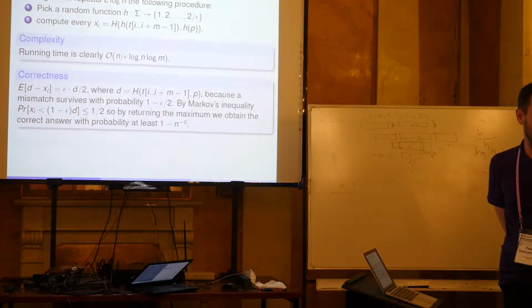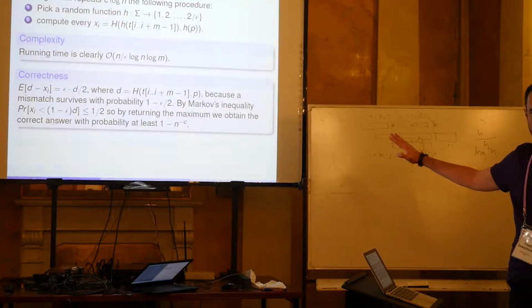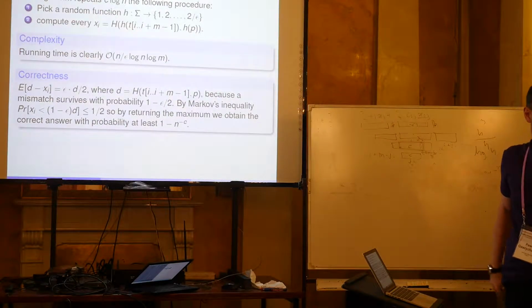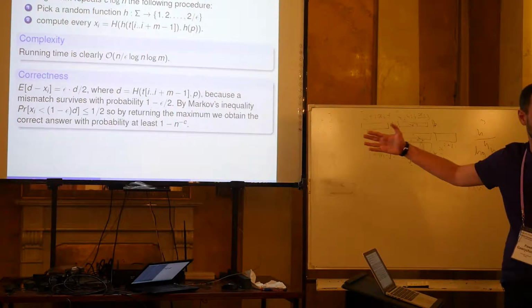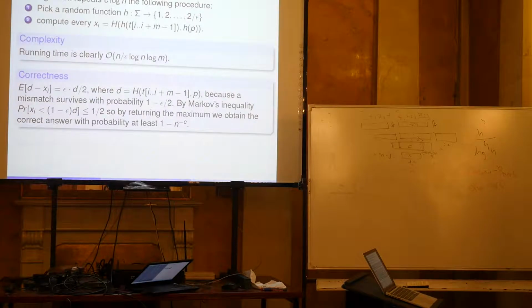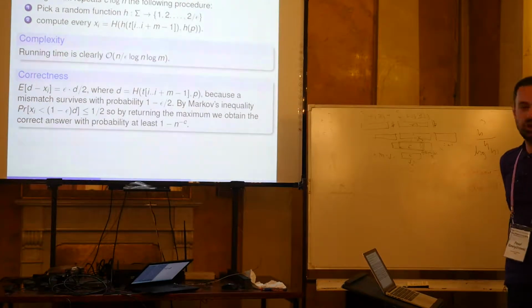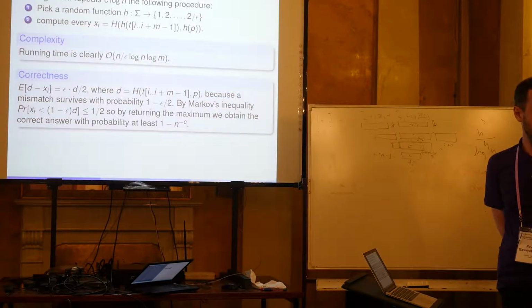So the chance that a particular xi is too much off in our experiment is at most 1 over 2. So what do we do now?